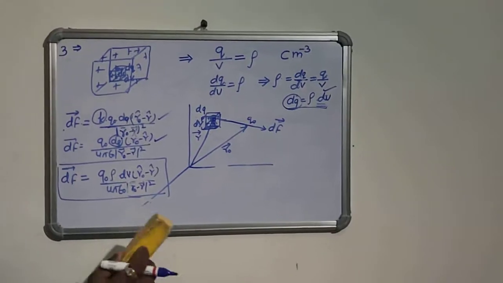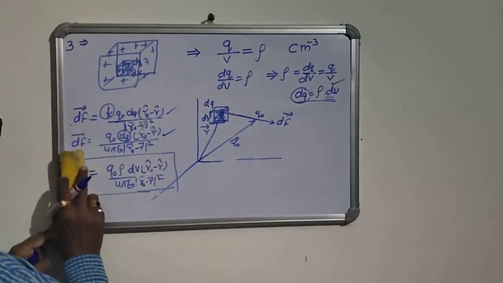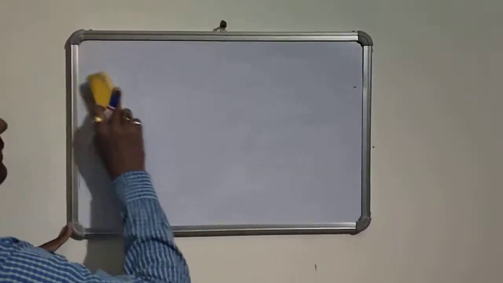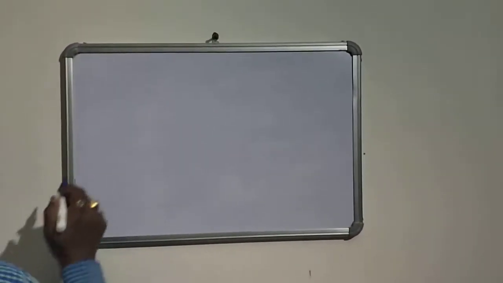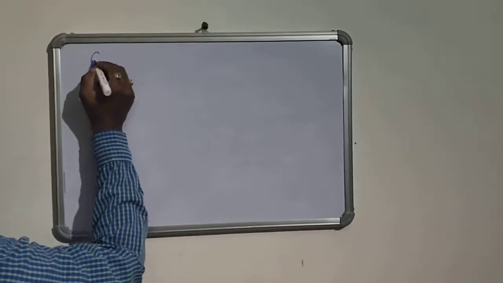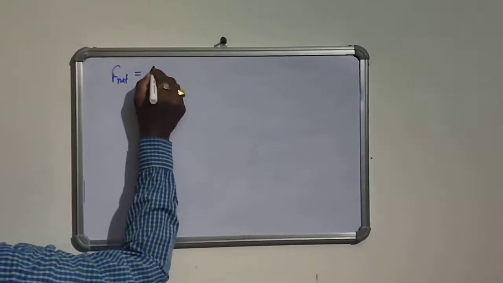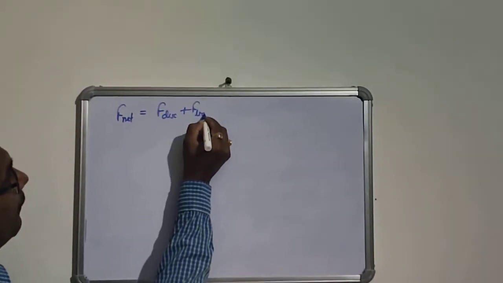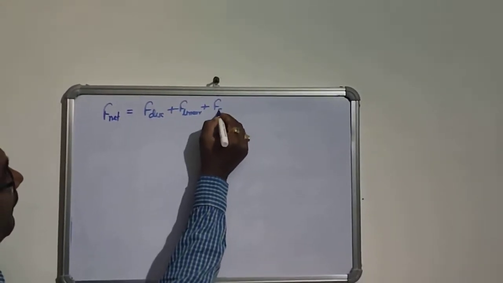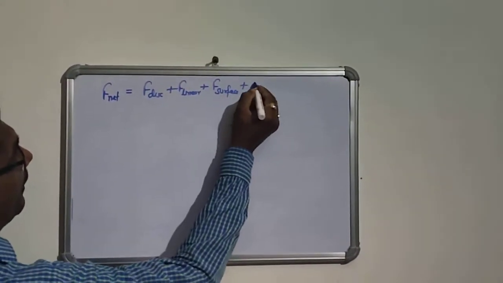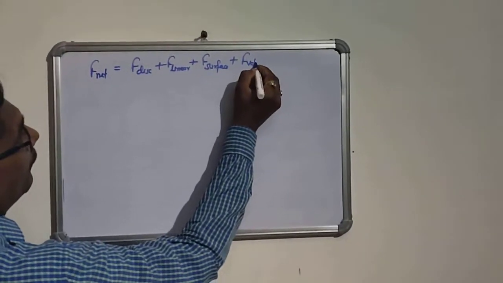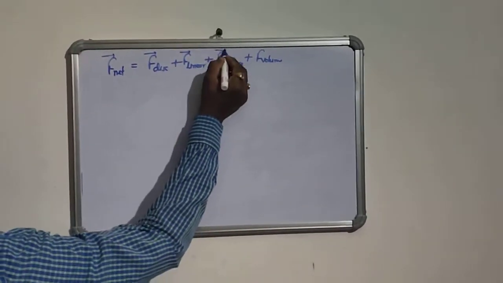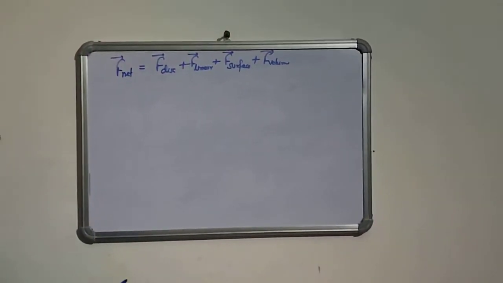The net force can be represented by F net equals F discrete plus F linear plus F surface plus F volumetric. These are force vector quantities, that's why we put the vector sign here.